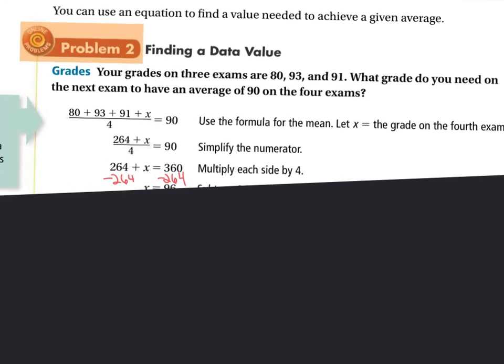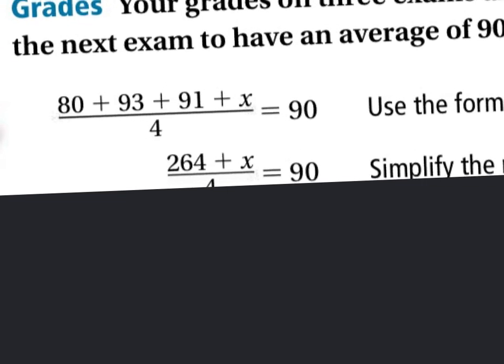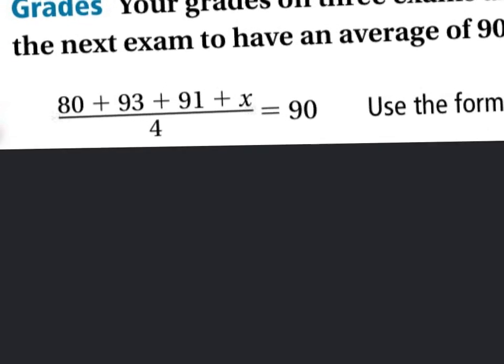So what they're doing in the book is they're saying, okay, we're going to be adding 4 numbers. We're going to divide by 4, and we want it to equal 90. What's different is we have an x here. So with an x, we can't just add all those numbers together and divide by 4. That's not going to work. We're actually solving for x.